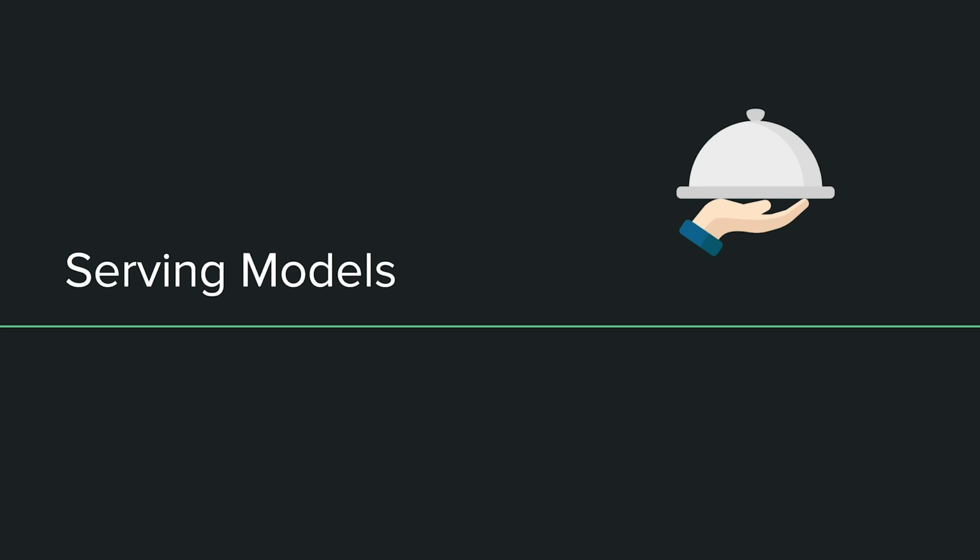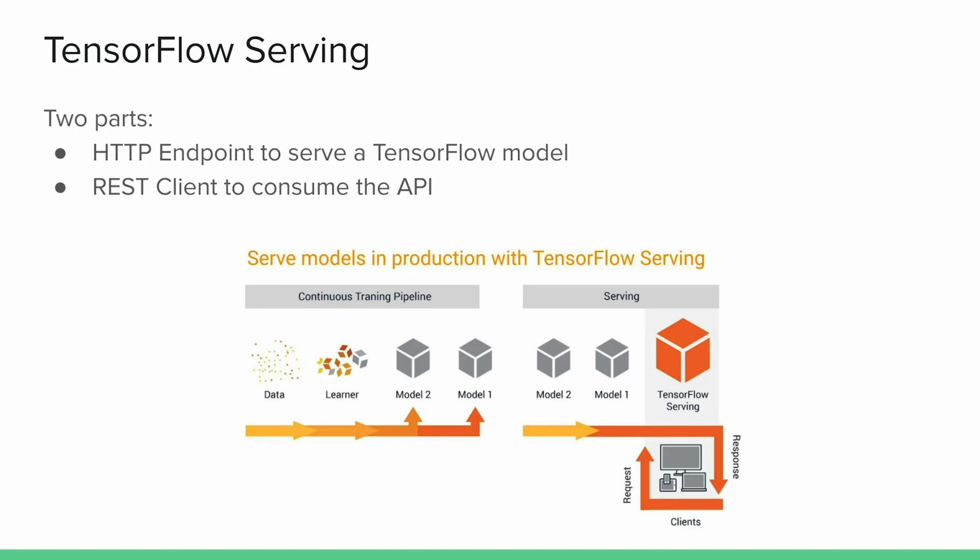Serving models in a more practical aspect, you can use TensorFlow Serving, which is one tool to easily take any trained TensorFlow model and expose that model as an HTTP endpoint with a REST API.